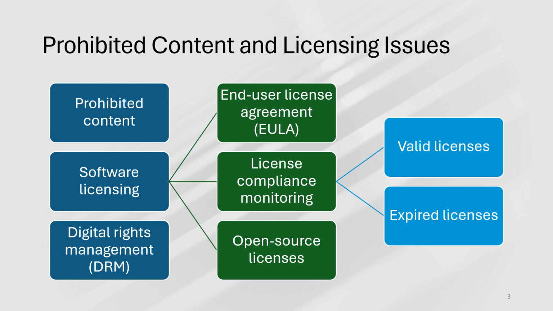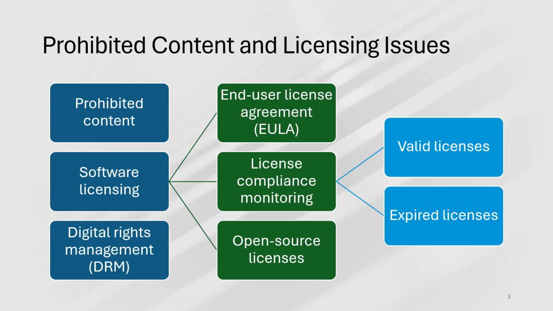Organizations use various software programs and digital content. Software licenses often dictate how many devices can use the software and for what purposes. DRM, or Digital Rights Management, restricts unauthorized access and use of copyrighted digital content like movies or music.